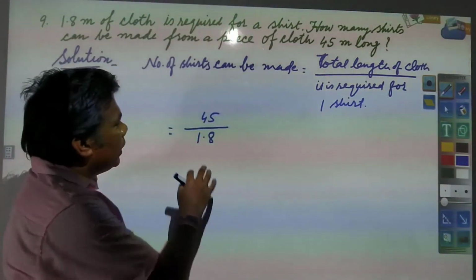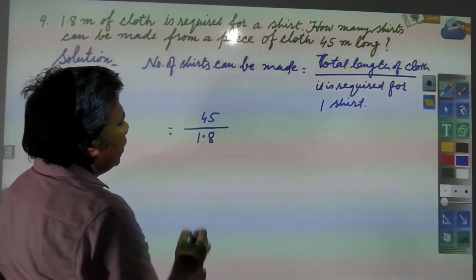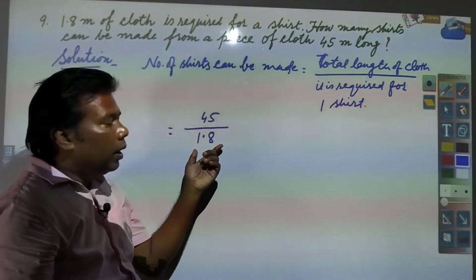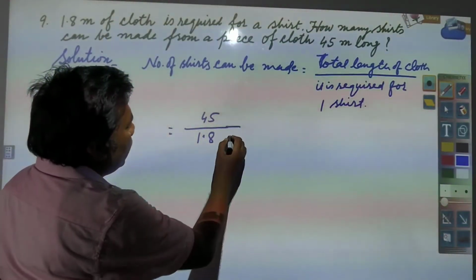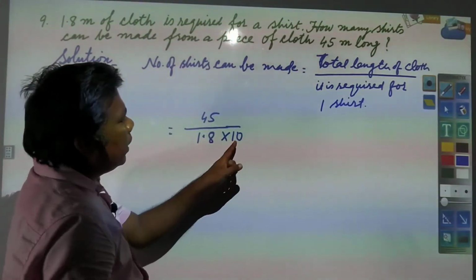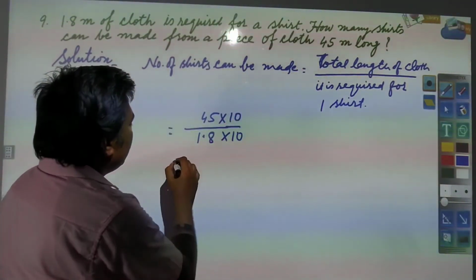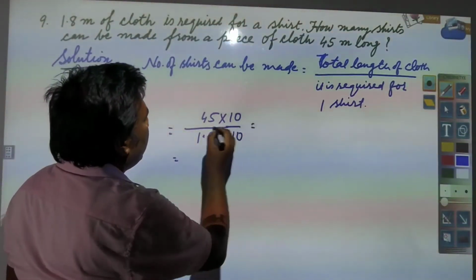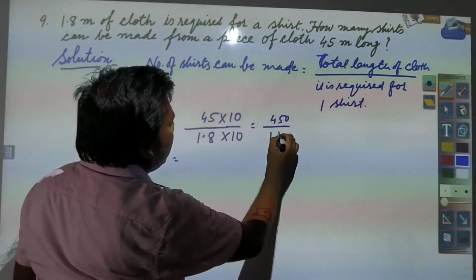So again it was explained how it will be simplified. If you have a decimal number in the denominator, it is required to be converted into a whole number. So you need to multiply this by 10, and this is also required to be multiplied by 10. So you will get 45 into 10, 450, divided by 18.